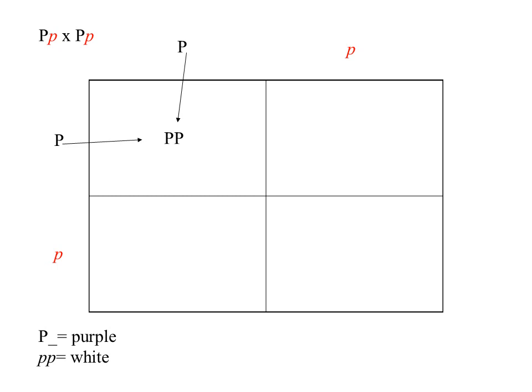Two heterozygotes crossed will look similar to this. So therefore you would have one big P big P, two big P little p's, and one little p little p.